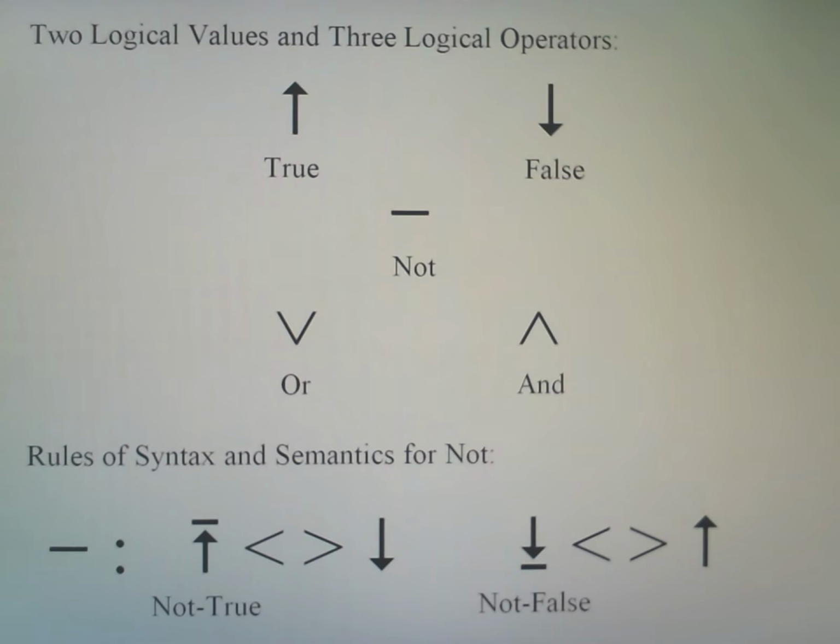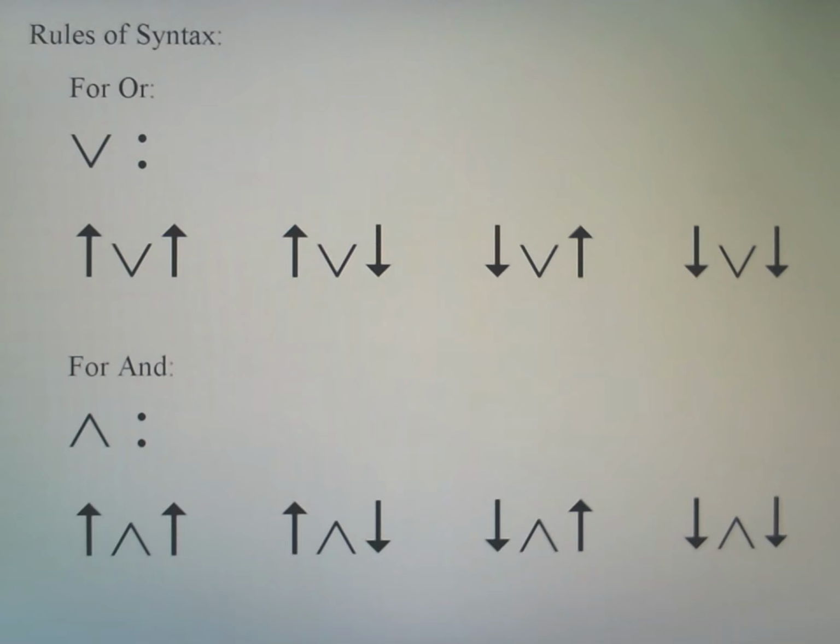For the or and and operators, I will give the syntax first, and then the semantics second. So for the operator or, as you see, there are 4 combinations, and for and, there are 4 combinations as well. That is because there are 2 logical values, true and false, and with each of them we have a possibility of 2 more, so there will be 4 combinations.